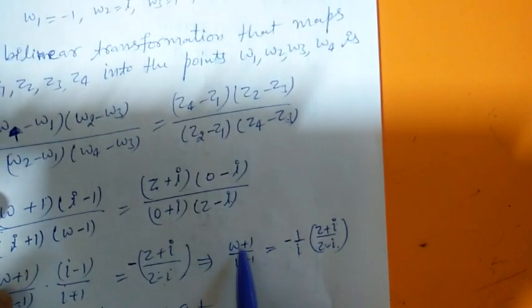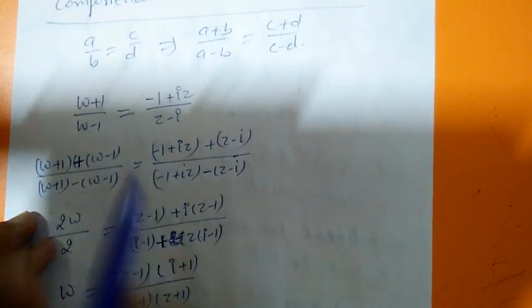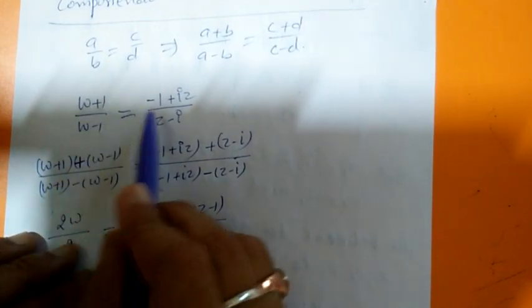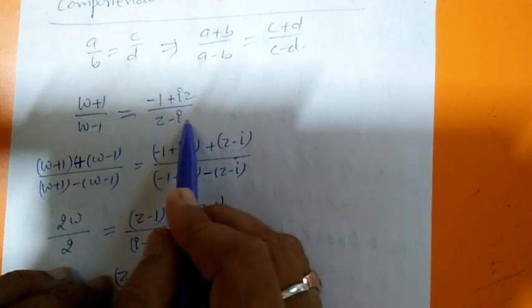Here we have (w + 1) upon (w - 1) is equal to -1 upon i times this one. So this is (w + 1) upon (w - 1) is equal to (-1 + iz) upon (z - i).